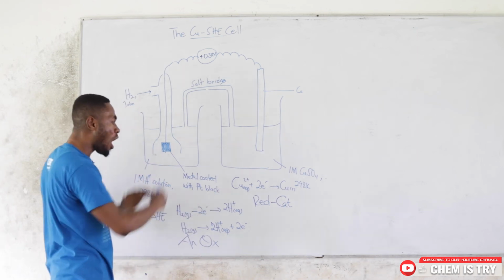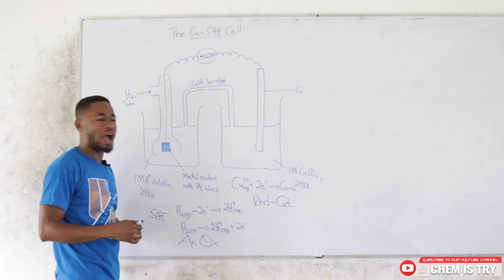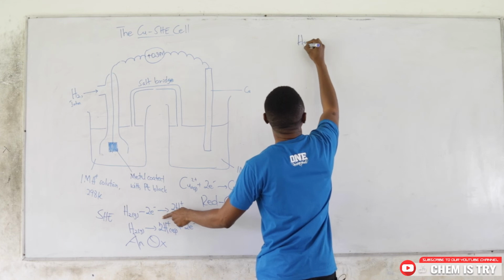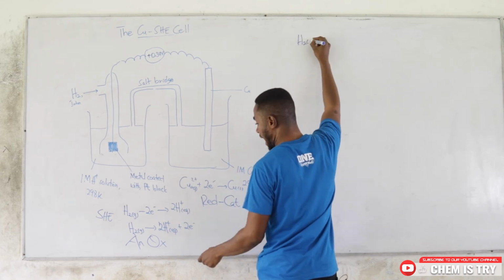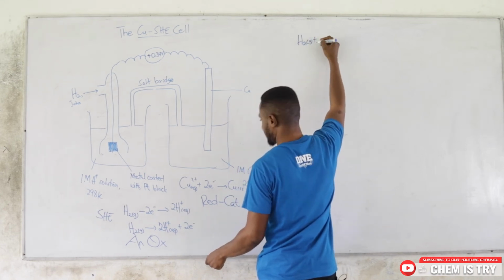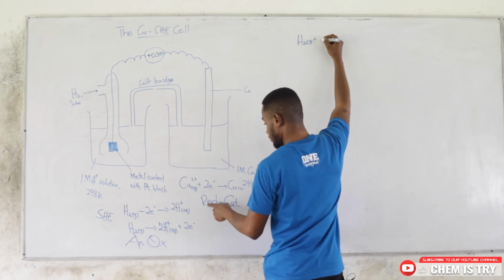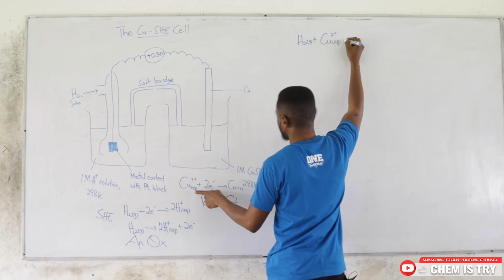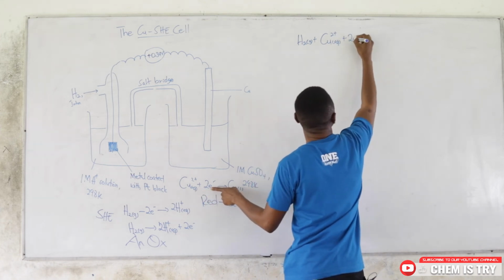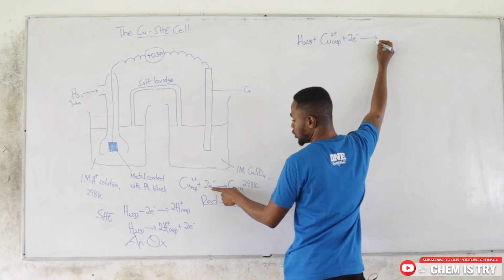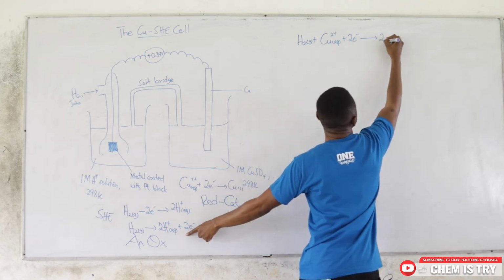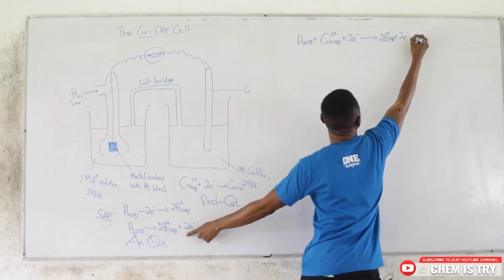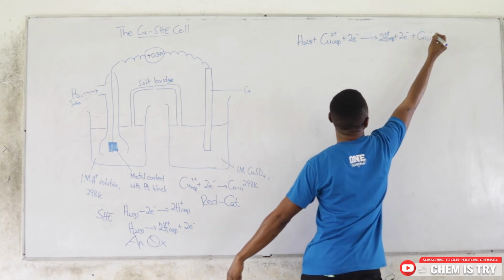The overall setup will have an equation of hydrogen gas plus copper 2 ions in solution plus 2 electrons, producing 2 moles of hydrogen ions in solution, plus 2 electrons plus copper metal.